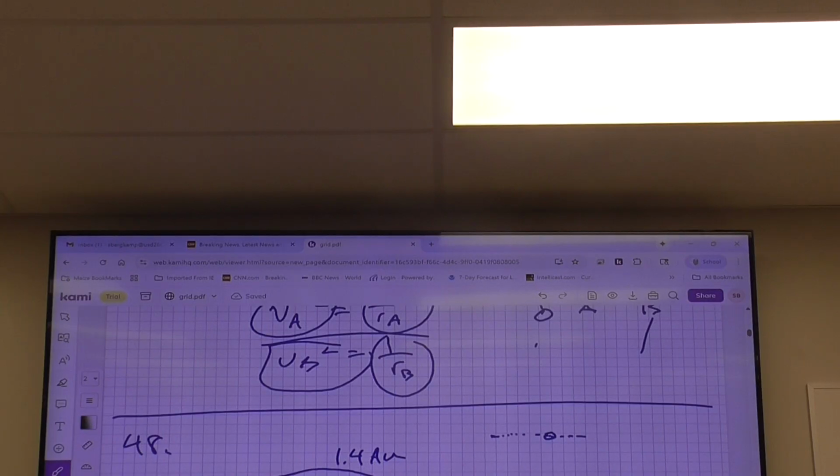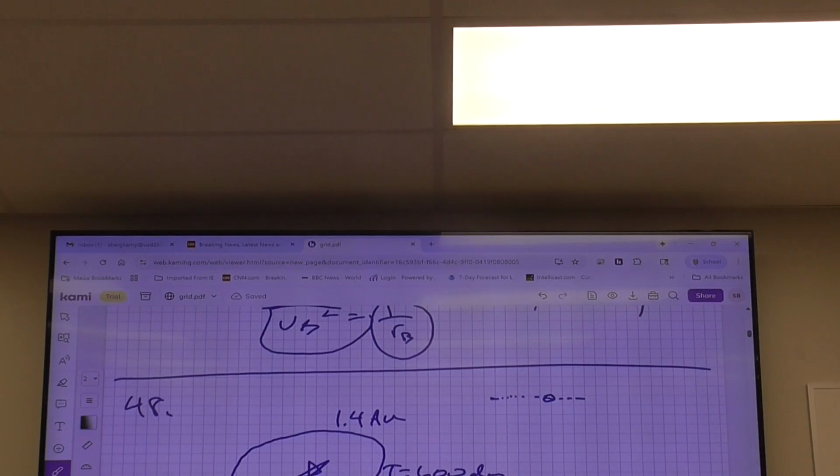If you look at what's happening on 48, and again, I cannot emphasize this enough, you start with 4 pi squared r cubed equals big G times the mass of the planet, call it alpha, times T squared. Start with this idea, and we're going to set this up as a ratio.